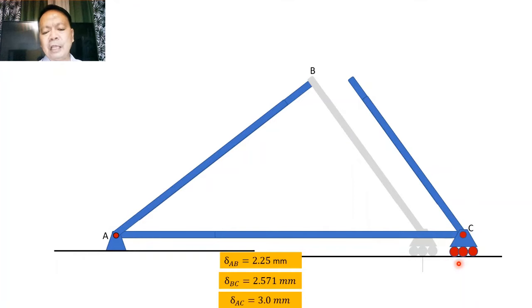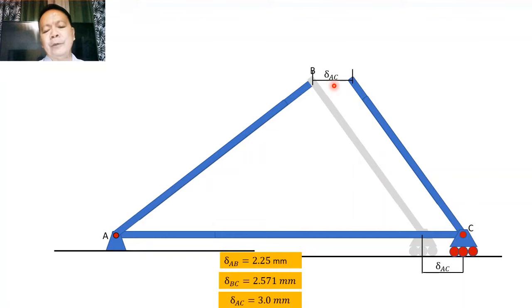Therefore, the difference in position of C, from this point up to that point, represents the deformation of AC, which is equivalent to 3 millimeters. You will notice that if member AB remains connected to the joint at C, then B will move horizontally by an amount equal to the deformation of AC.